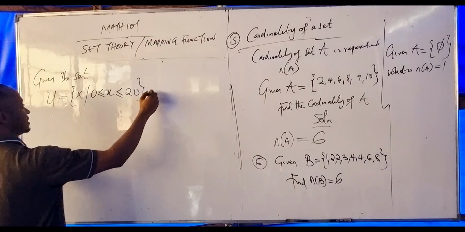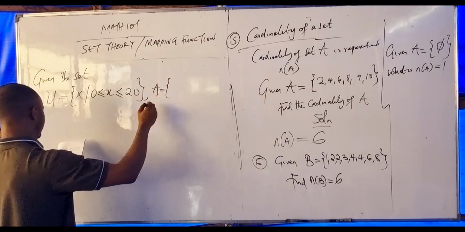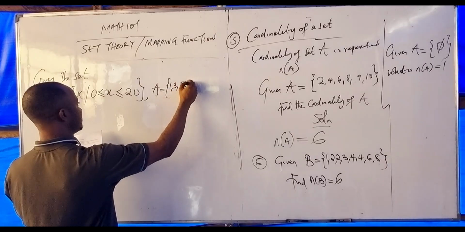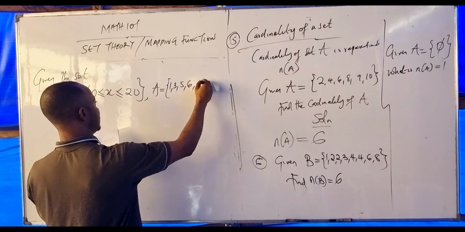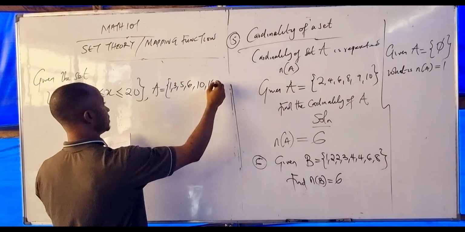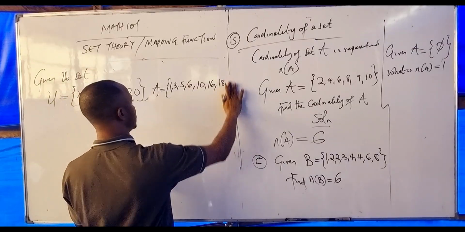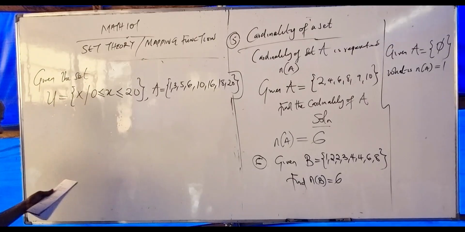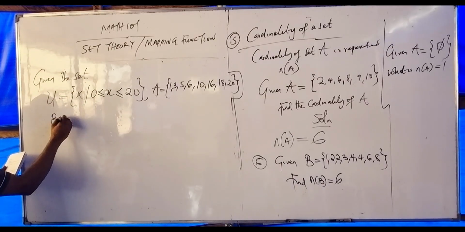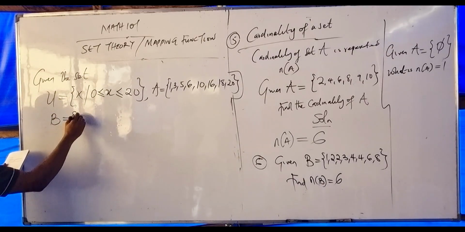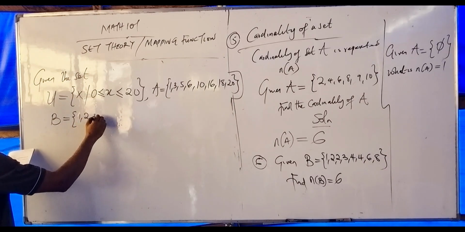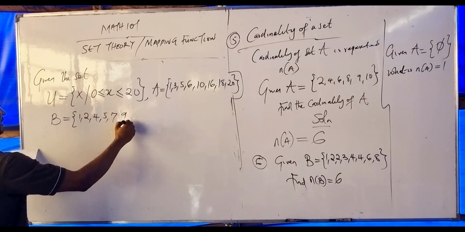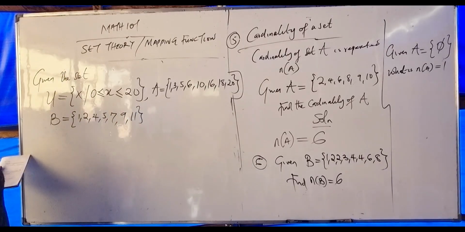And we are told that set A, the elements in set A, we have 1, 3, 5, 6, 10, 16, 18, and 20. Then set B, 1, 2, 4, 5, 7, 9, and 11.